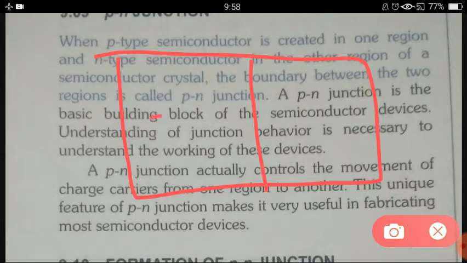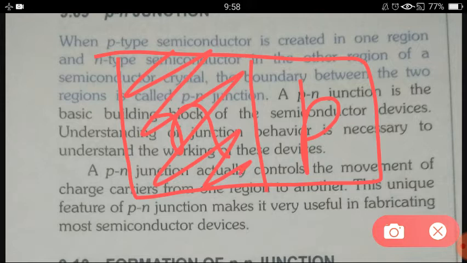One part is made n-type by mixing pentavalent atoms, and the other side is made p-type by mixing trivalent atoms. Between n-type and p-type there will be one boundary. This boundary is called the p-n junction.